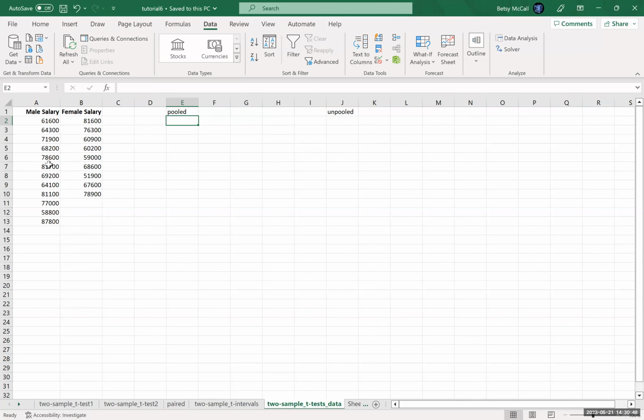All right, so these are clearly different sample sizes, and so therefore they are independent, and then we have to decide, should they be pooled or unpooled? Now, the differences here are that pooled assumes the variances are equal.